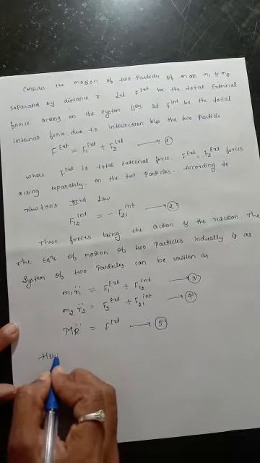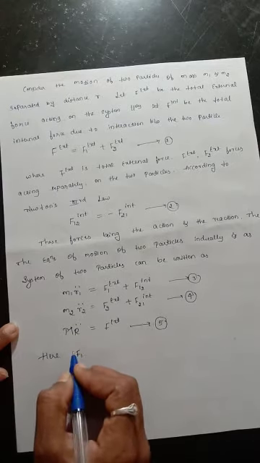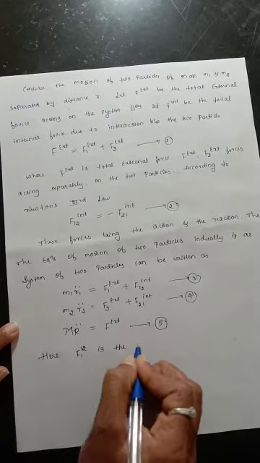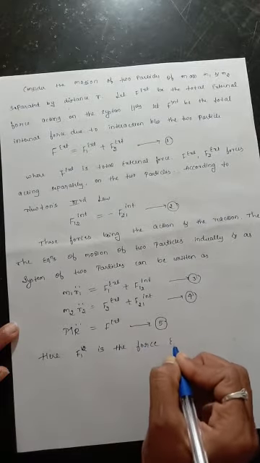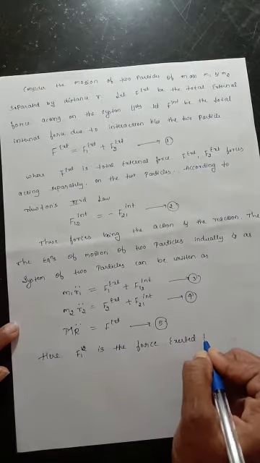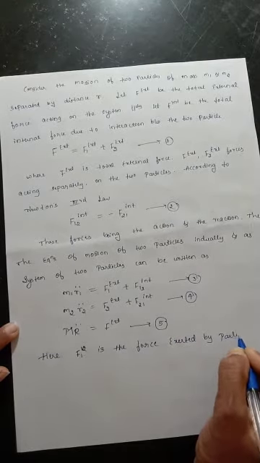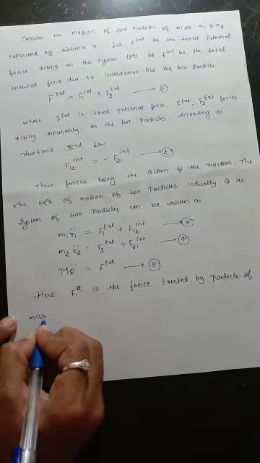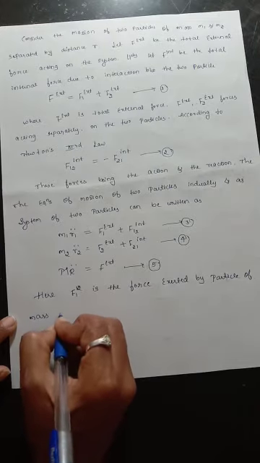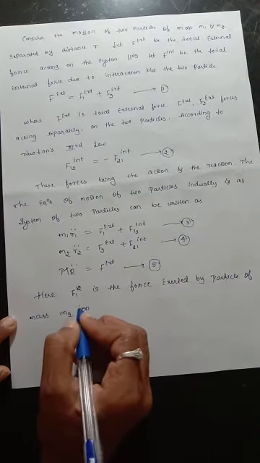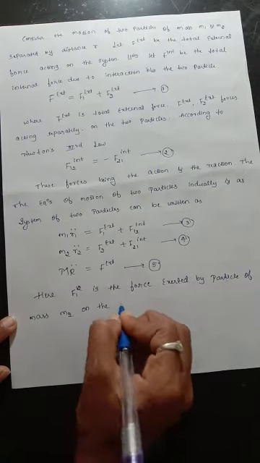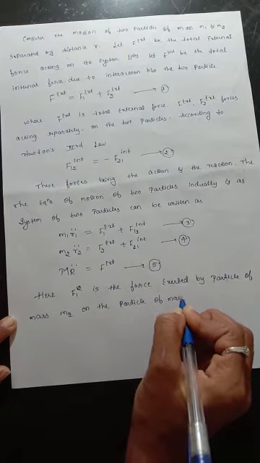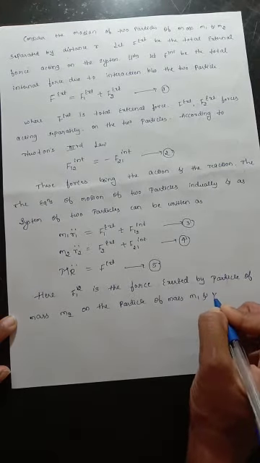Here F12 is the force exerted by the particle of mass m2 on the particle of mass m1, and vice versa.